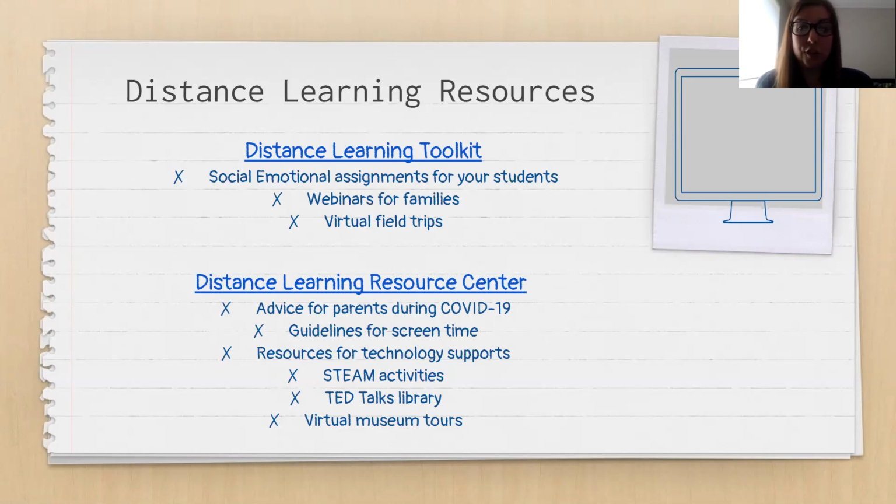Their days look very different. And all of this change happened overnight. Please be aware of your child's social emotional health. These assignments help you as the parent get a pulse on how your child may be feeling.